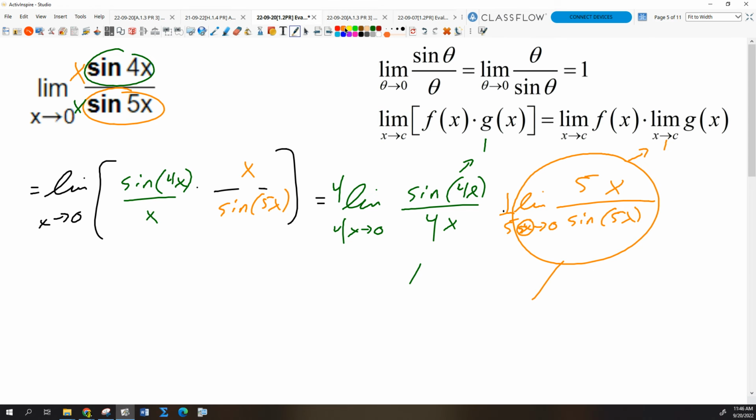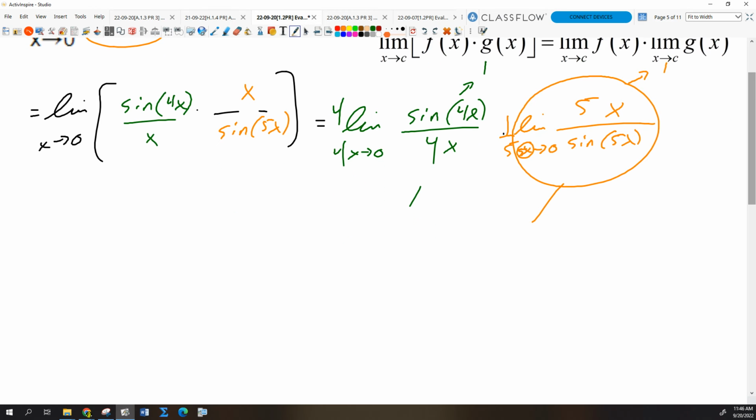And so what do I end up with? Here's my 4 out front times 1 times 1/5 times 1. Everybody see that? So I end up with 4/5.